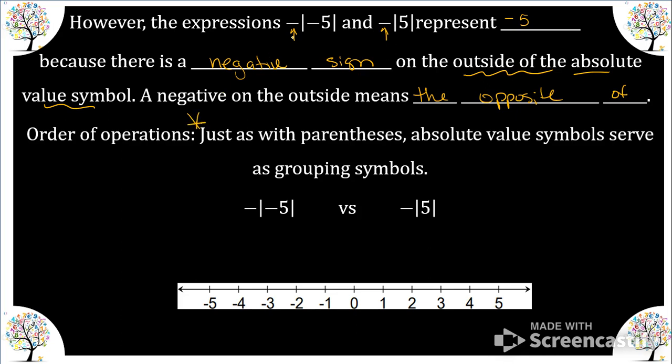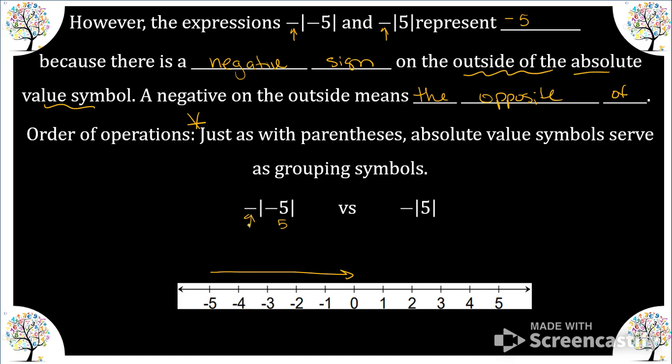When we are working with absolute value symbols, we need to remember the order of operations. Absolute value symbols act as grouping symbols. So you're going to evaluate inside the absolute values first and then apply anything on the outside. So we know that the absolute value, or the distance that negative 5 is back to 0, is 5.